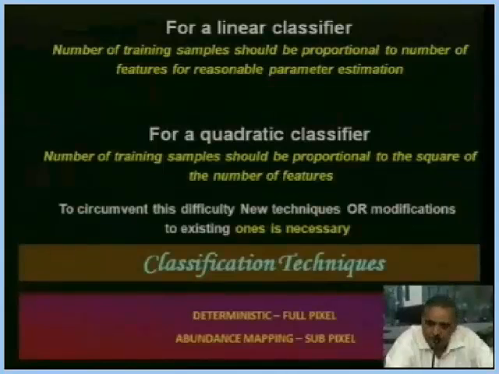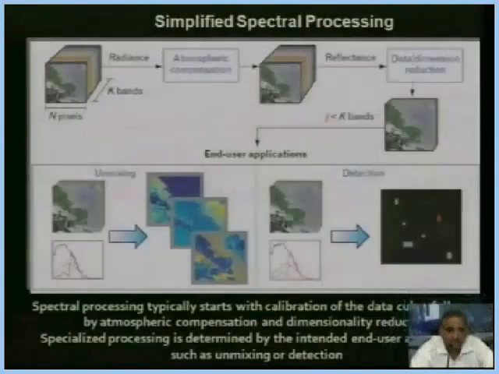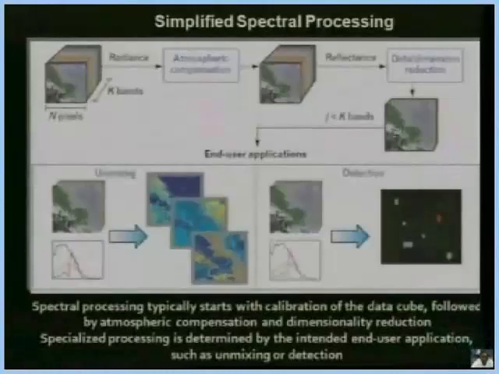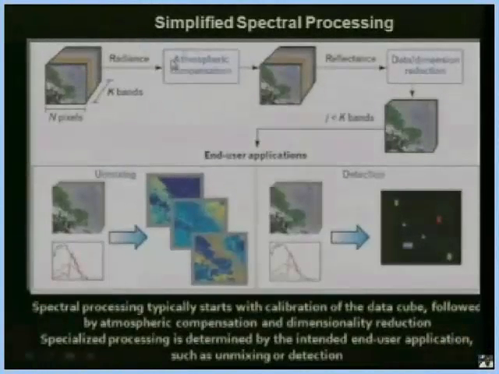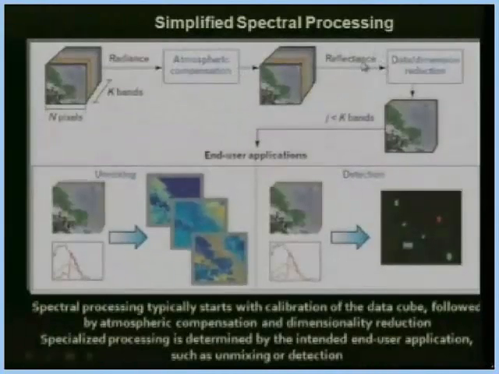There can be 2 approaches, which we are all familiar with: the deterministic or full pixel approaches, or the abundance mapping subpixel approaches. The typical simplified spectral processing procedure is as follows: given your input radiance image, atmospheric compensation results in a reflectance image.